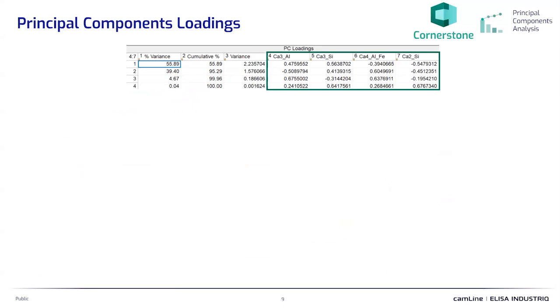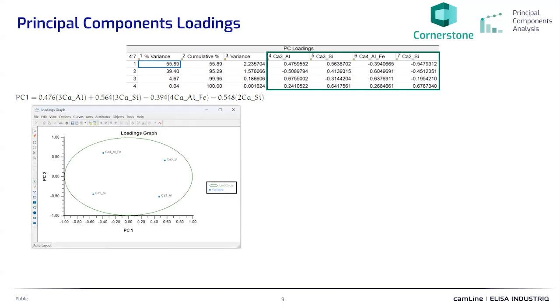In this result, each row represents a principal component, and the last four columns are the loadings, or the weights. Here you can see the variance explained by each principal component. Here's the formula for the first principal component, PC1, which is a weighted sum of all of the original variables.